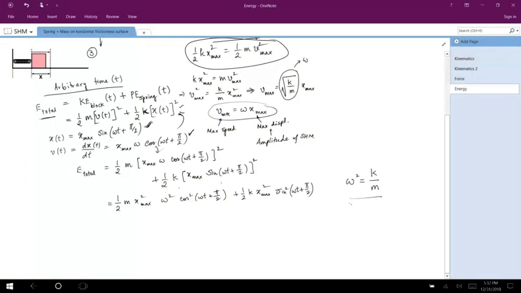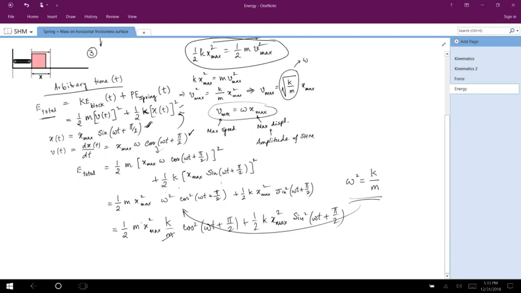Great, so we can use this and plug this back into our expression for the total energy, and that would give us 1/2 m times x max squared, and then omega squared is equal to k over m, times cosine squared omega t plus pi over 2, plus 1/2 k x max squared sine squared omega t plus pi over 2.